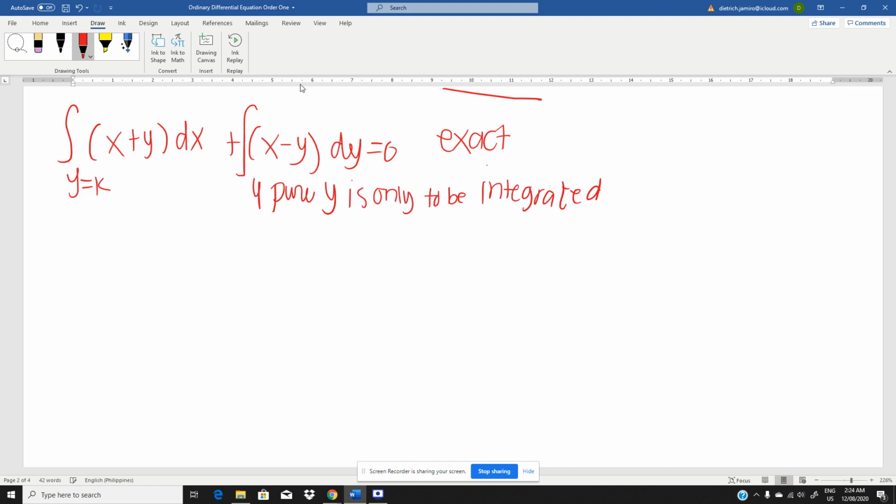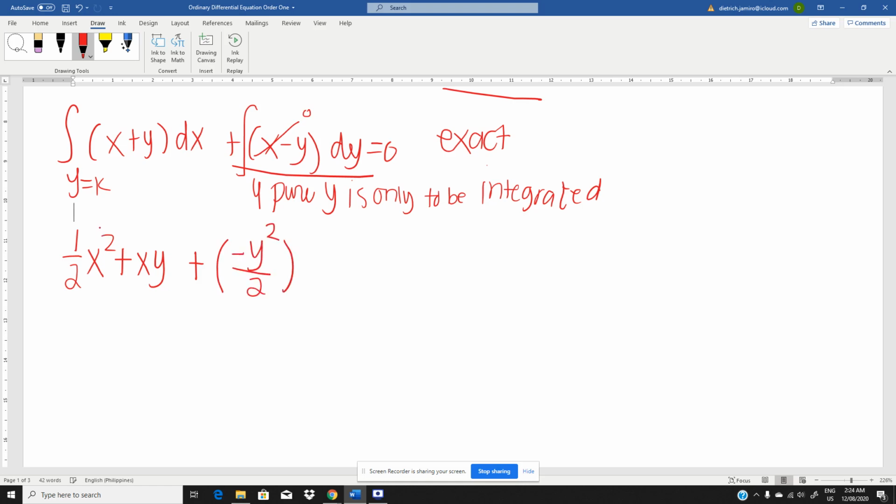So now we will integrate. We will have 1/2 x squared plus xy, plus, on the other term, we will only integrate pure y, so this one will become 0, and then we'll have the quantity negative y squared over 2 is equal to C. You can see we could multiply both sides by 2.